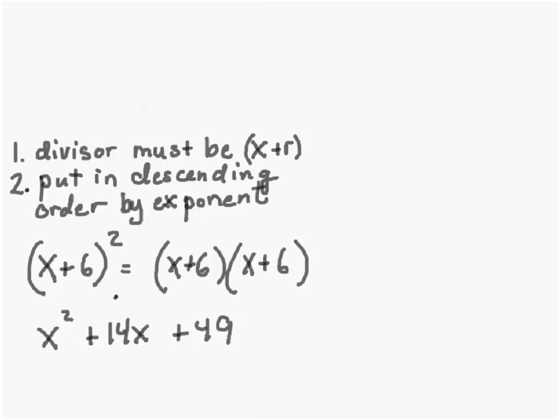It's going to be x plus 7 squared. Exactly. And how did you figure that out? You take the square root of this 49, which is 7, multiply it by 2, gives us our 14, times the x gives us 14x.